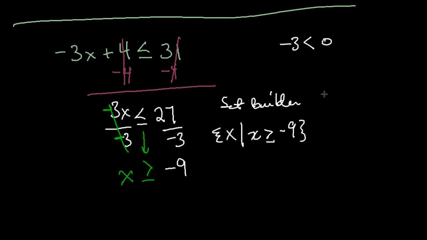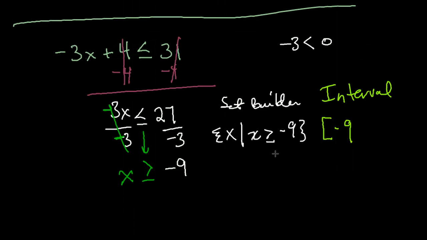Now interval notation would say, since it does include negative 9, we have to use a square bracket around negative 9, and negative 9 is the bottom of our interval. It's the minimum number.